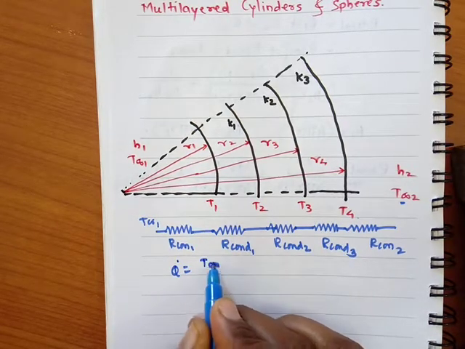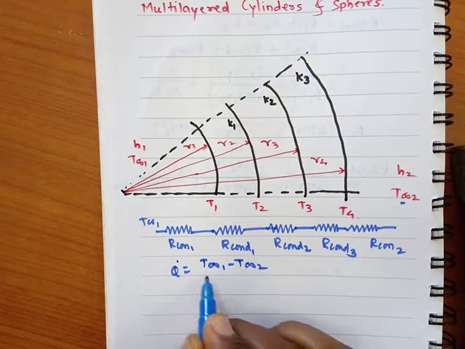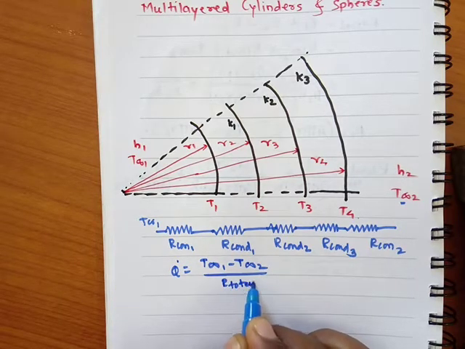So we have the formula Q is equal to T infinity 1 minus T infinity 2 divided by R total.